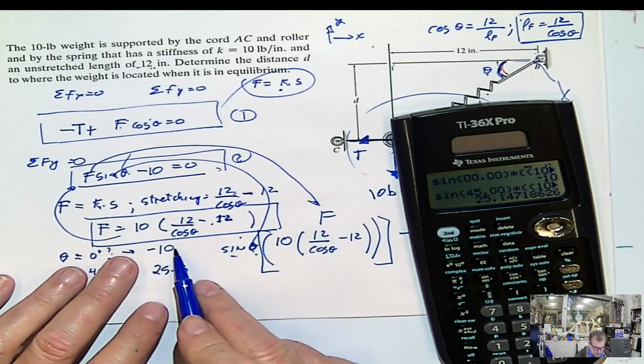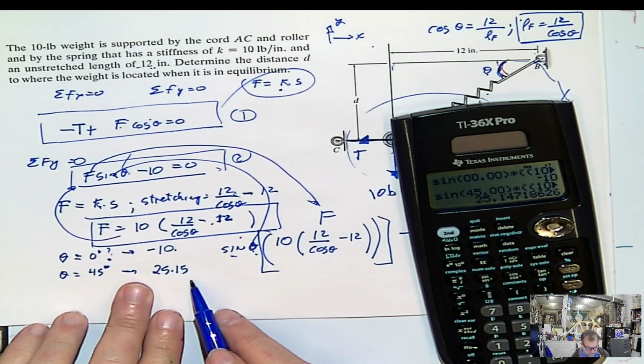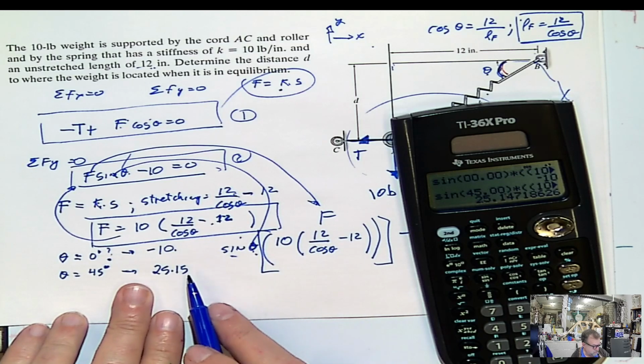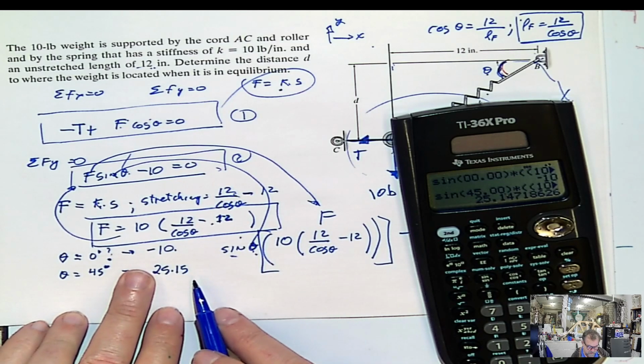That means that between this negative value and this positive value, there was a 0 crossing right there.